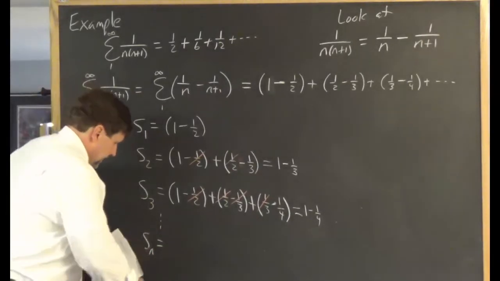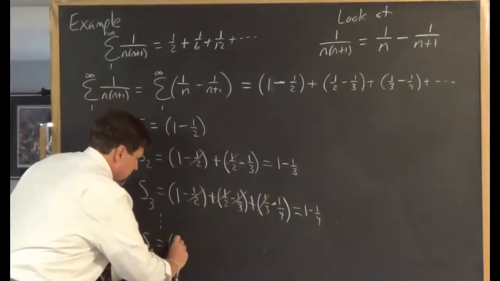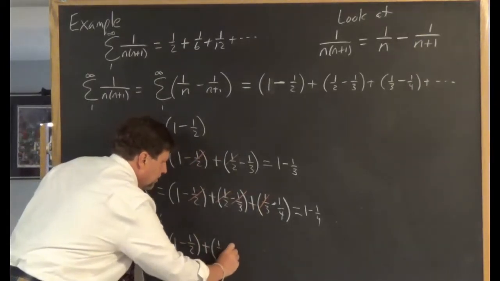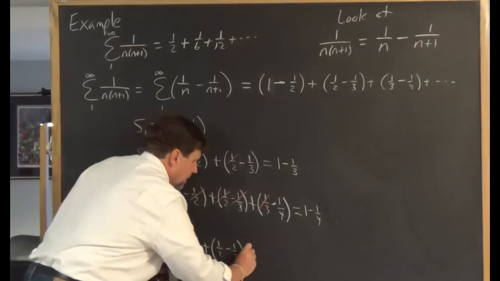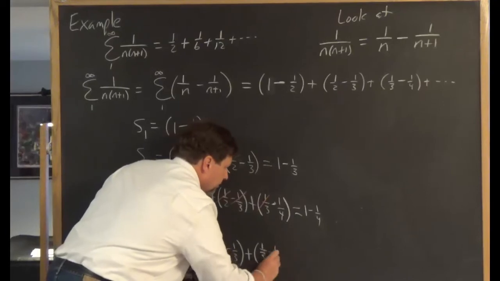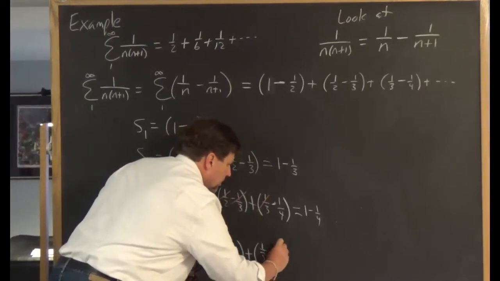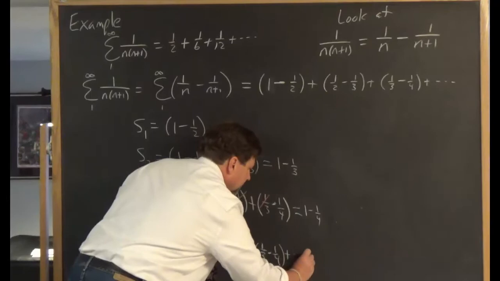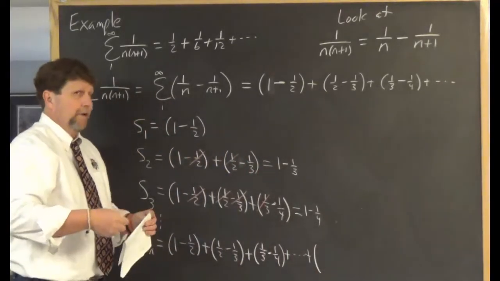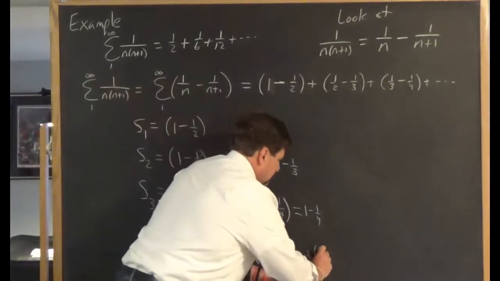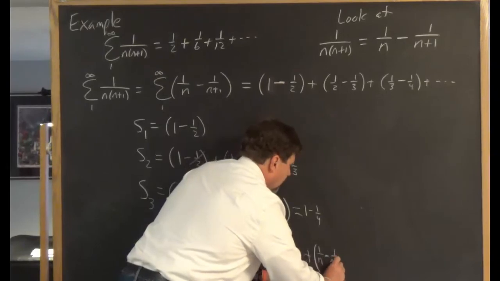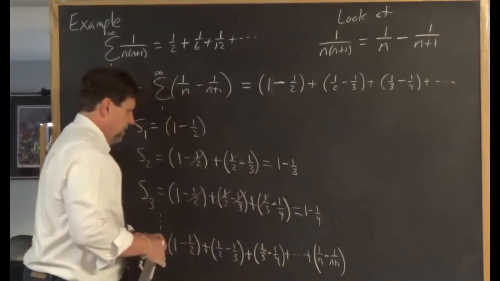Well, the nth partial sum, I'll write down some of these terms. 1 minus 1/2 plus 1/2 minus 1/3 plus 1/3 minus 1/4 plus yada yada yada plus, so what would the last term be? Well, 1 over n minus 1 over n plus 1.